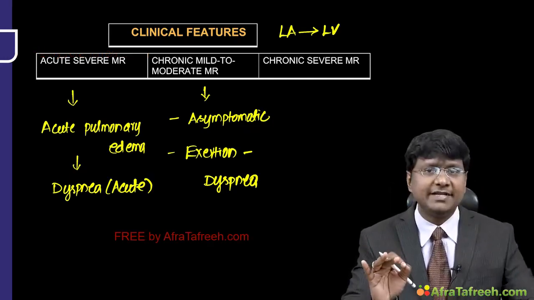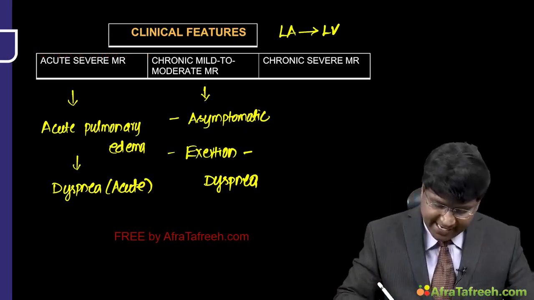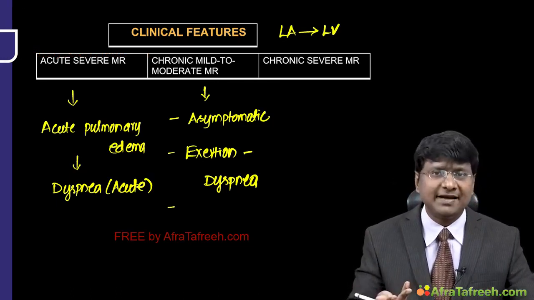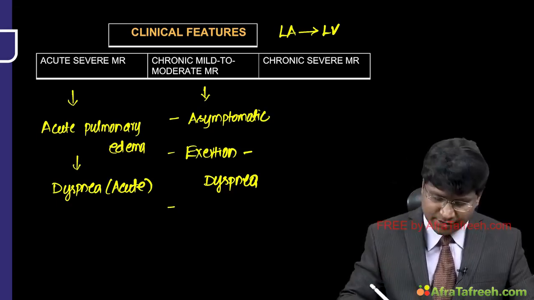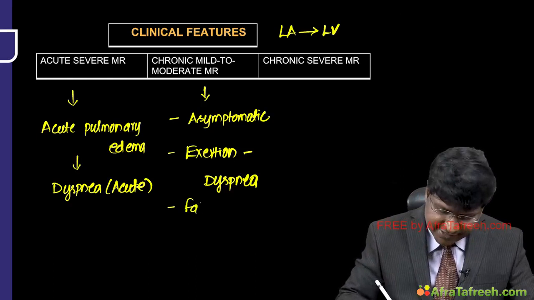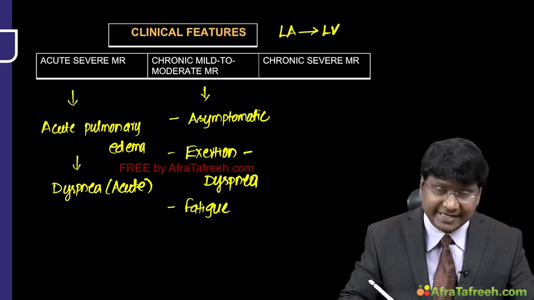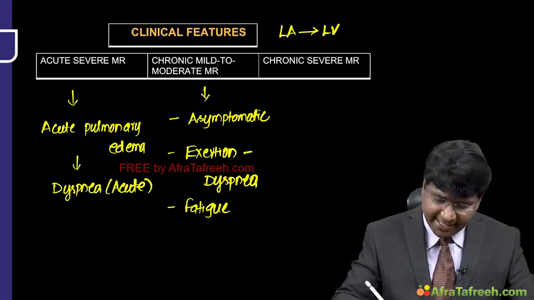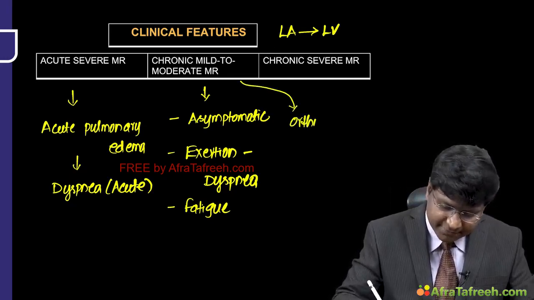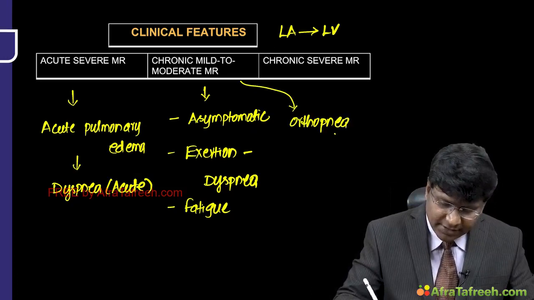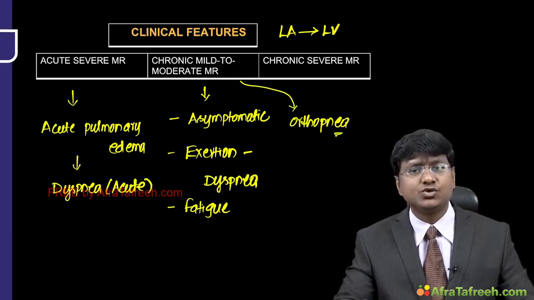So the dyspnea will be there only on exertion, and on exertion, the diastolic filling time is decreasing. That is the reason why your LV cardiac output also decreases. Once the LV cardiac output decreases, these patients will have fatigue. And in early stages, these patients also have orthopnea, where the individual will have dyspnea in supine position.